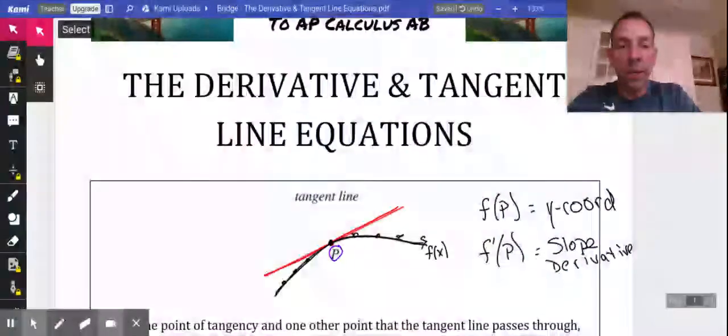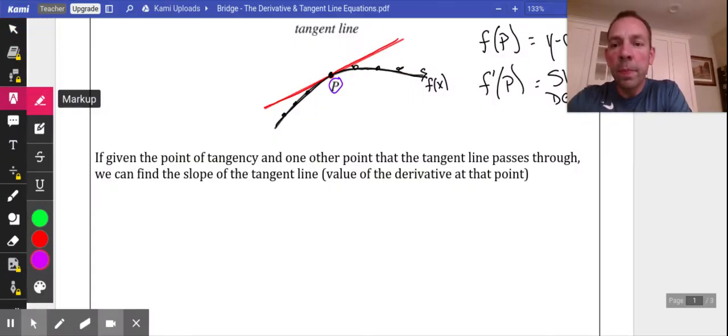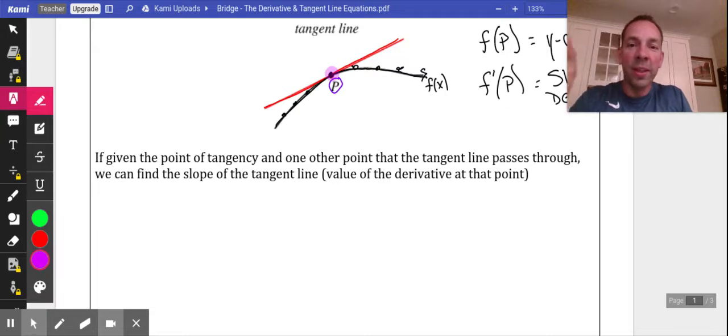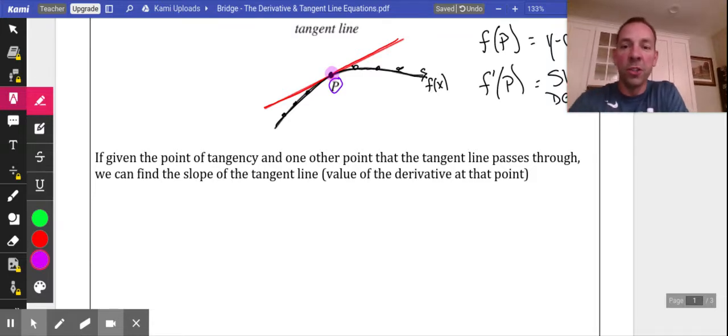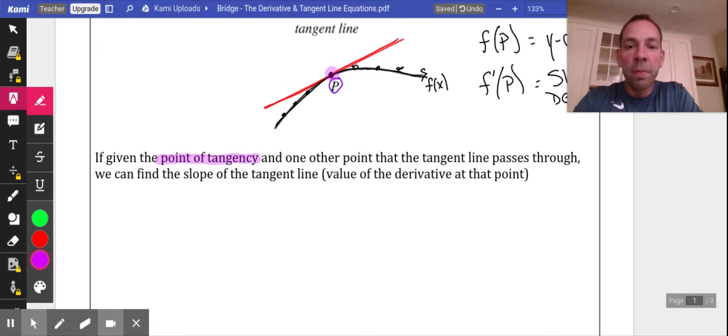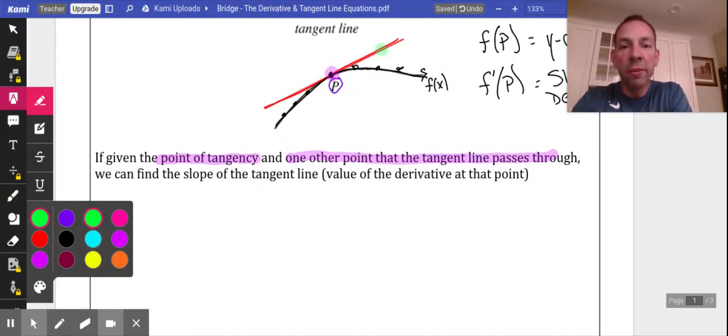Now, one of the things we're going to do in today's lesson is give you the point of tangency. That's the point where the tangent line actually intersects and skims the function. We call that the point of tangency right there. We're also going to give you one other point that the tangent line passes through, maybe this point right here.